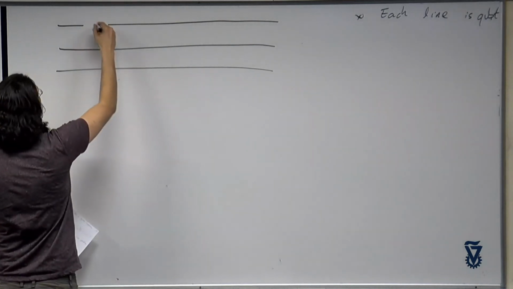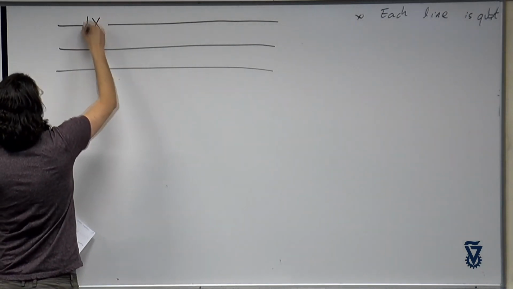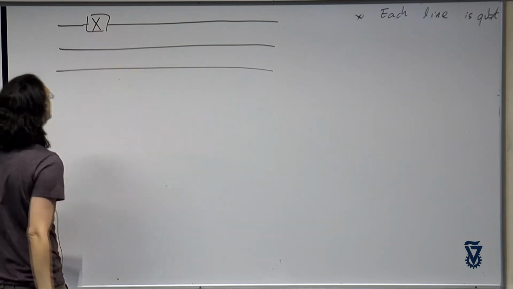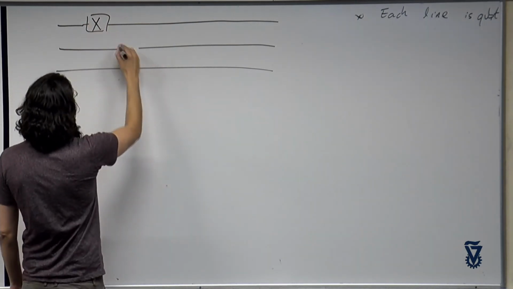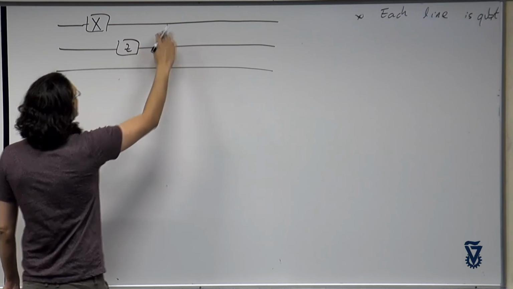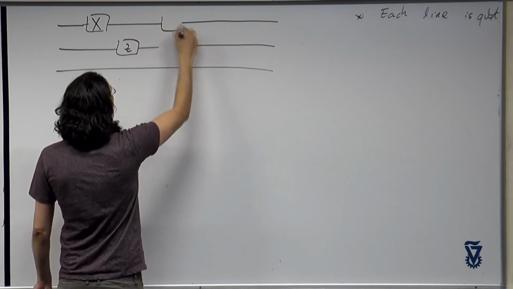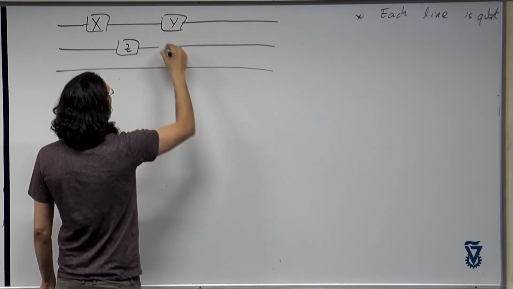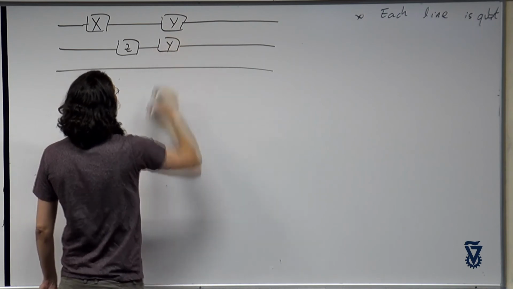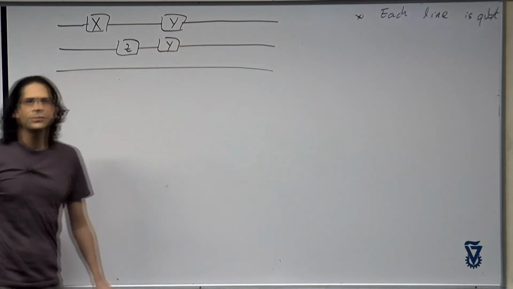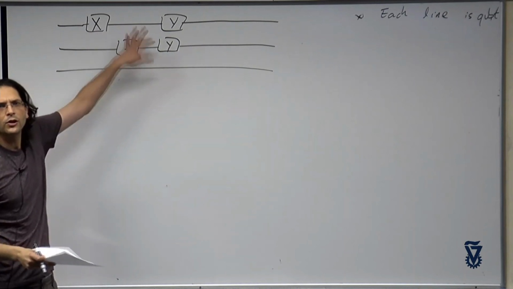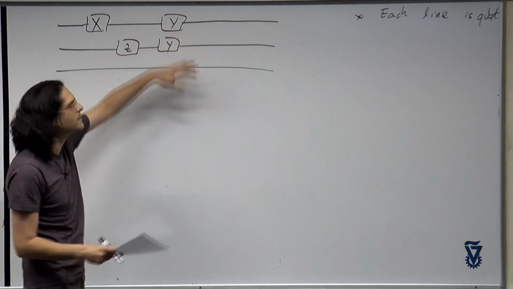So you'd have an X operation. Sometimes people like to put them in boxes like this. And then this qubit would have a Z operation. And then both of them will have Y operations, or whatever. And we're not doing anything with this qubit, and so on. So these are single qubit operations operating on each qubit, and this is the way it's written.